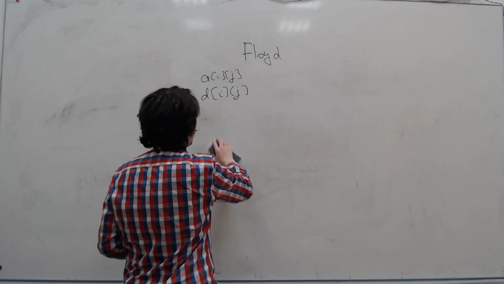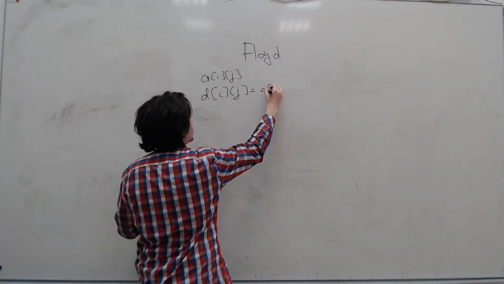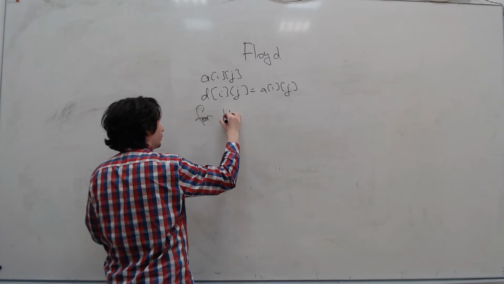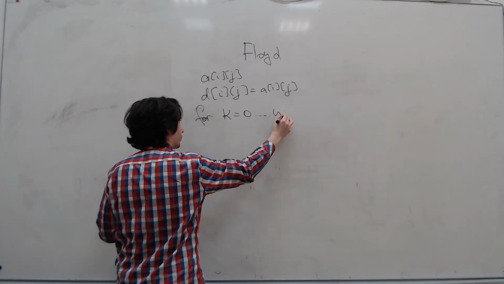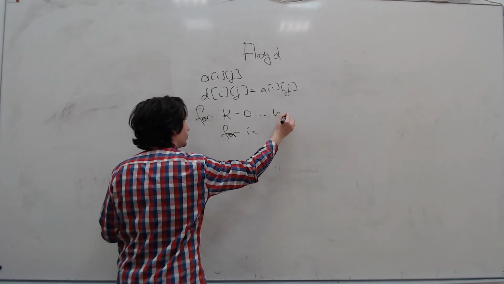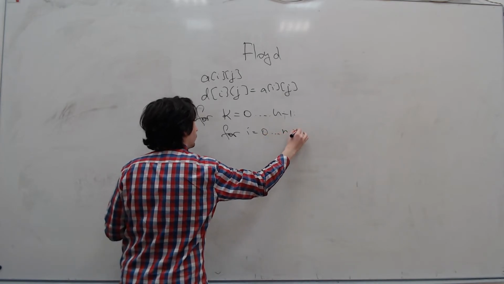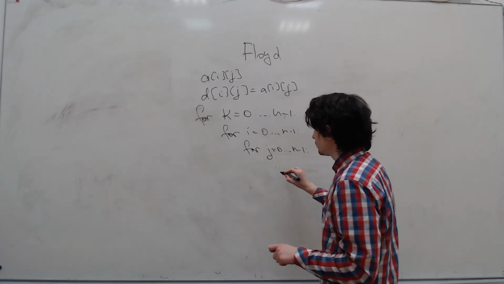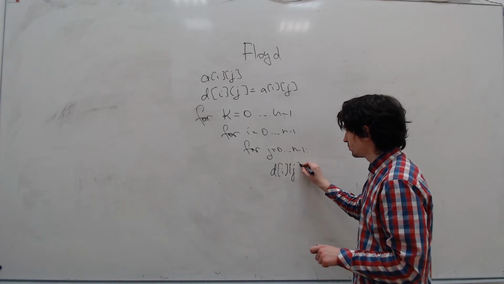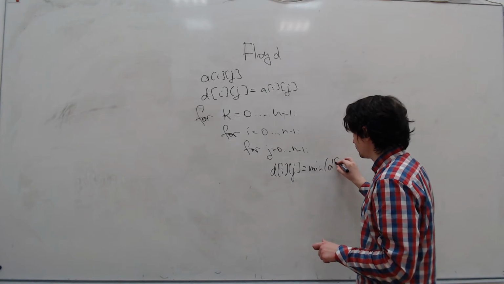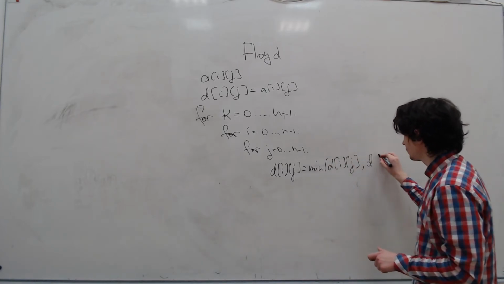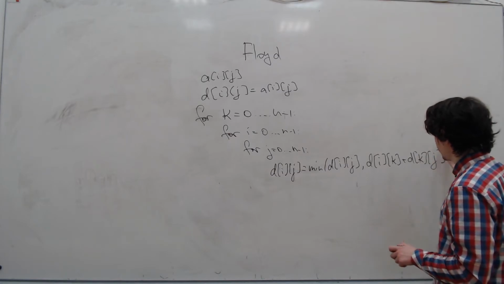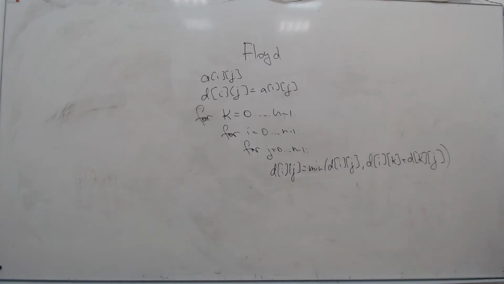At first we copy A_ij to d. So this is the whole algorithm.